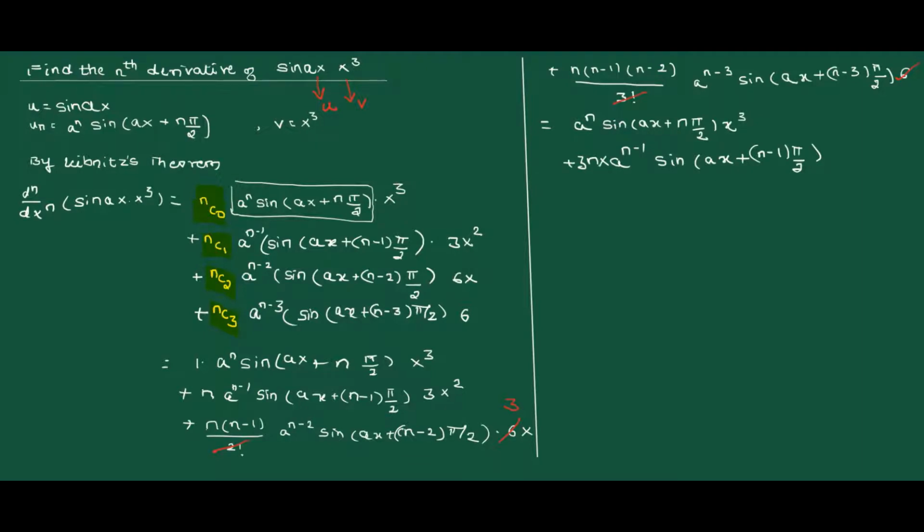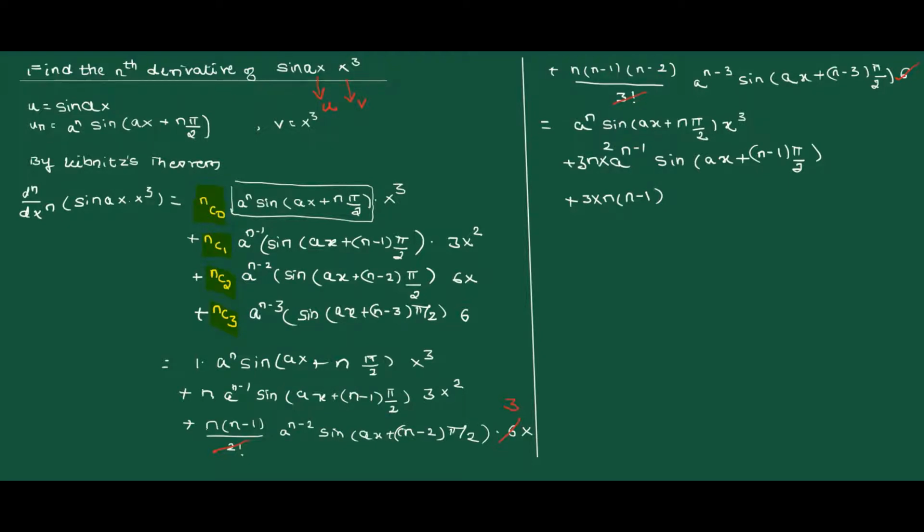So I will write here first only, that is plus. Next term is n into n minus 1, and the last term is 3x. So I will write here 3x. In the previous one I have to write it is 3x square.